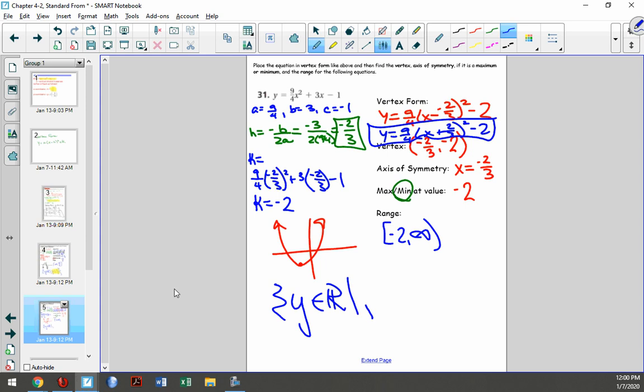Now describe y to me. Yep. Help yourselves out, guys. If it's opening up, it has to be the greater than symbol. If it's opening down, it has to be the less than symbol. It's that simple. Make sense? Greater than opening up, less than opening down, right?